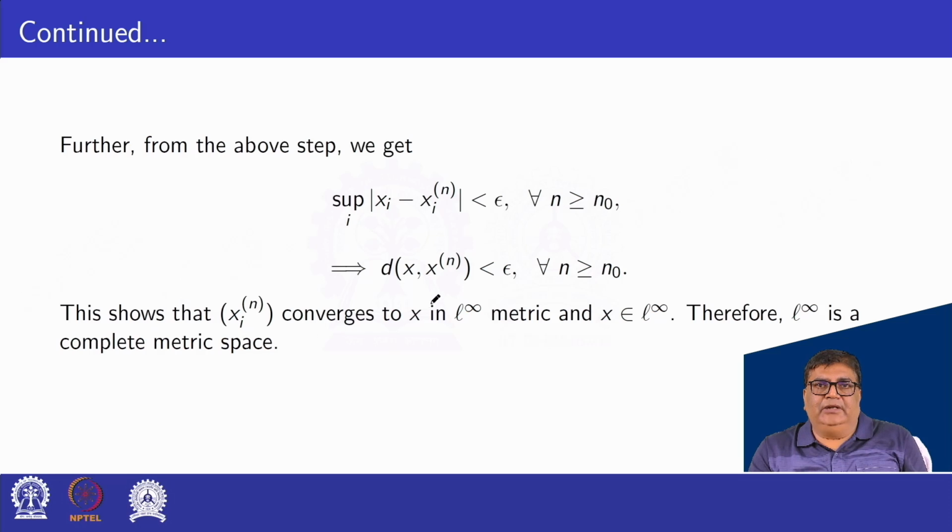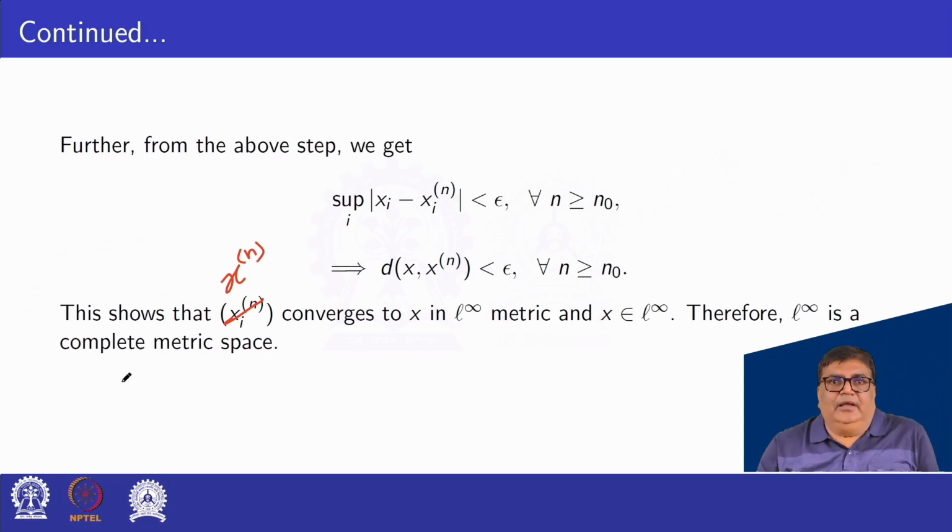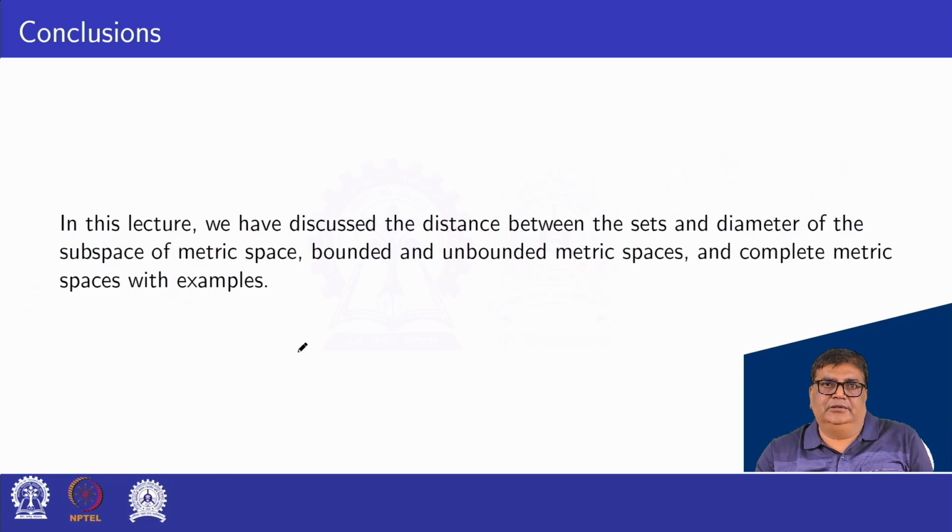This shows that x_n converges to the point x in the L infinity metric, and x also belongs to L infinity. Therefore, L infinity is a complete metric space.